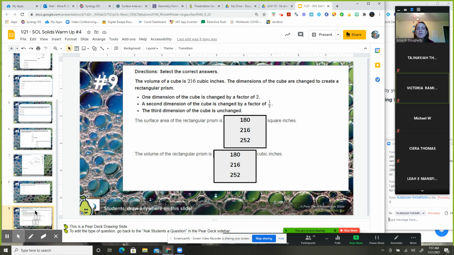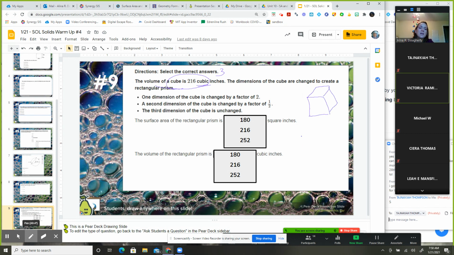Select the correct answers. The volume of a cube is 216. So I know volume is cubic. That's an exponent of 3, right? The dimensions of the cube are changed to create a rectangular prism. So I've got a cube with all the same measurements.